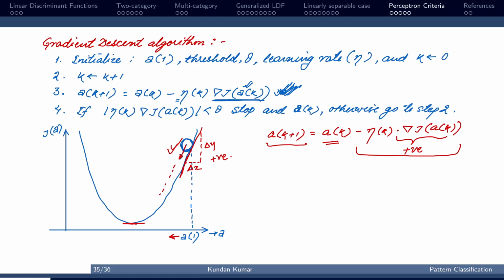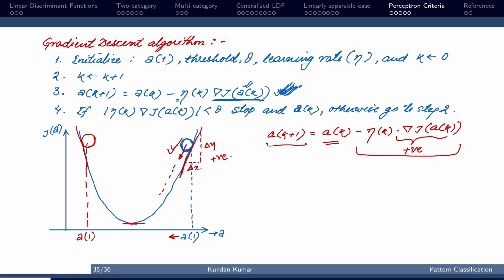But somehow if our initial weight choice is somewhere here, then in this case again we will compute the negative gradient.